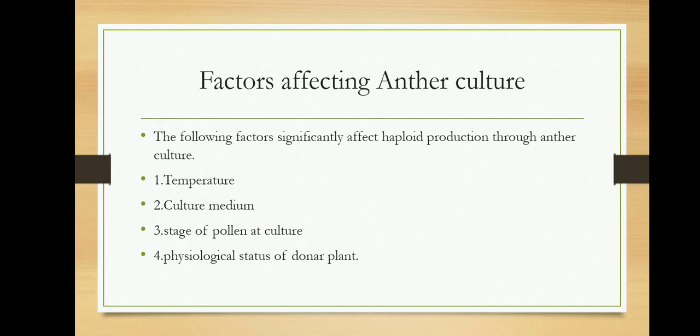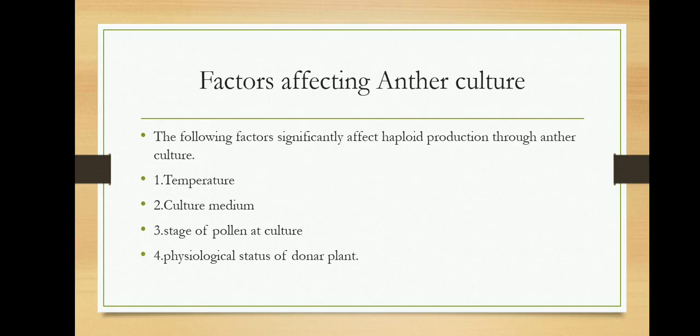The next factor is the culture medium. Here the nutritional requirements of excised anthers are much simpler compared to other culturing processes, because the anthers can grow on the basal medium which is supplemented with coconut milk or kinetin.